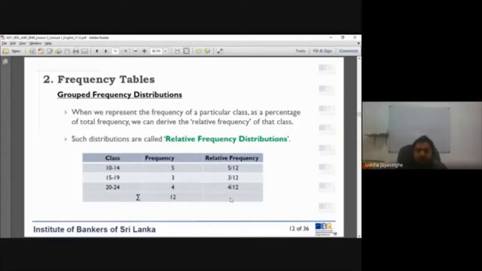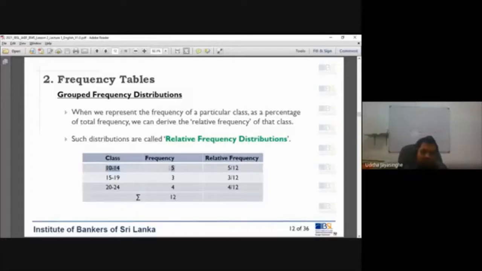So the whole idea of the term relative frequency is to give you a sense of a percentage. It gives a percentage value for the individual class, based on the frequency of items occurring. Don't forget that this 5 does not mean the number 5, but that there are 5 values, maybe 10, 11, 12, 14, another 10, in this class.